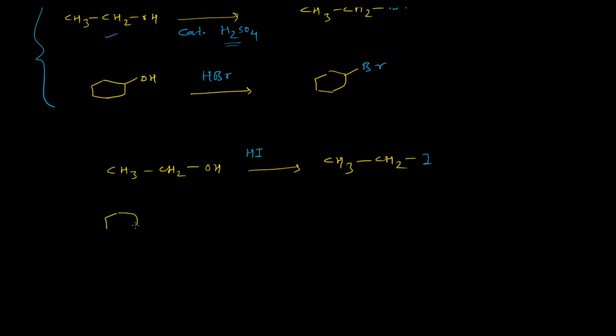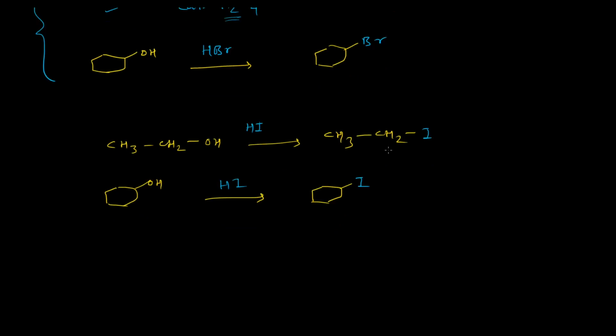And for secondary alcohols, it will proceed via either SN1 or SN2, since it is not sterically hindered, as well as it can form a moderately stable carbocation, and that's why it can go through either pathway. But our product is the desired cyclohexyl iodide. So it does not matter by which mechanism the product is forming, as long as we are getting our desired product.